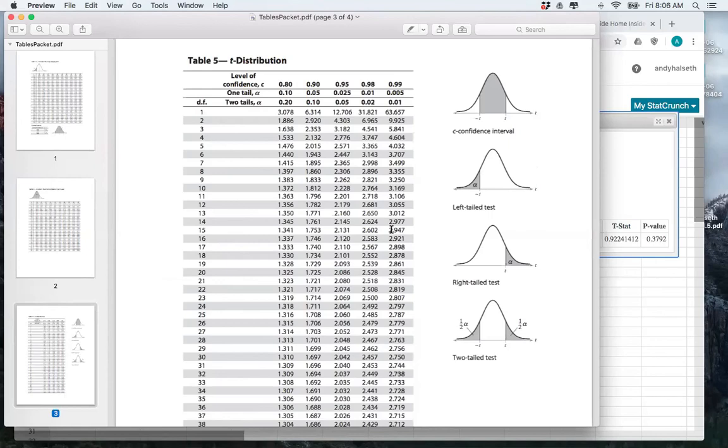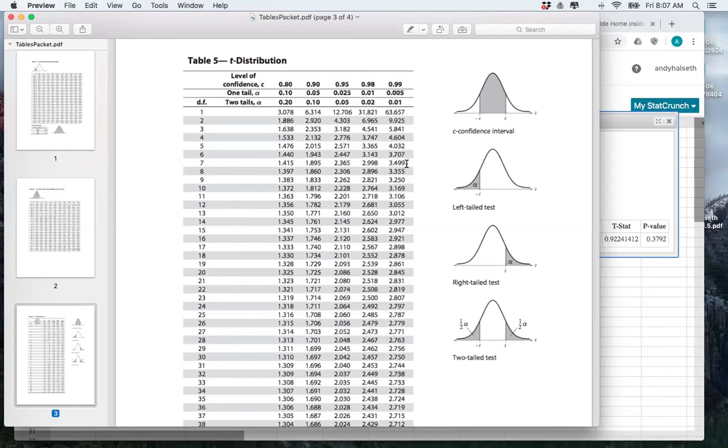So this would be DF 7, right? Because the smaller one was 8. And I've got a two-tailed test where the alpha is 0.01. So two-tail 0.01 down to 7. And there it is, 3.499. So my t sub 0 is plus or minus 3.499. Because it's a two-tailed test, I've got to throw that plus-minus on there.